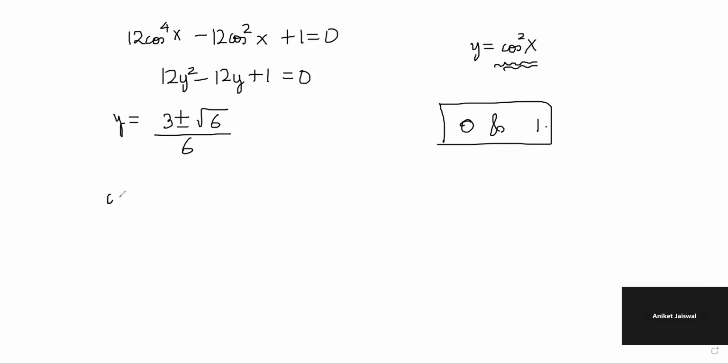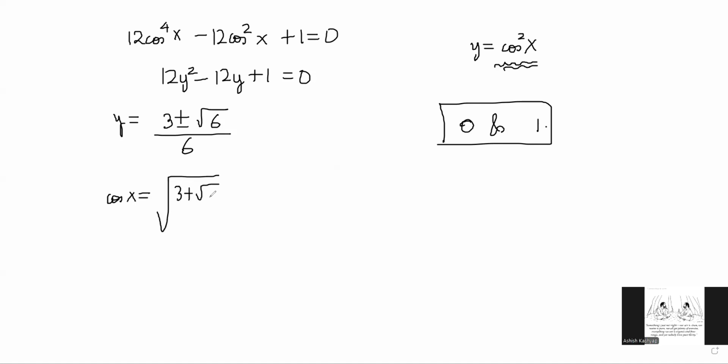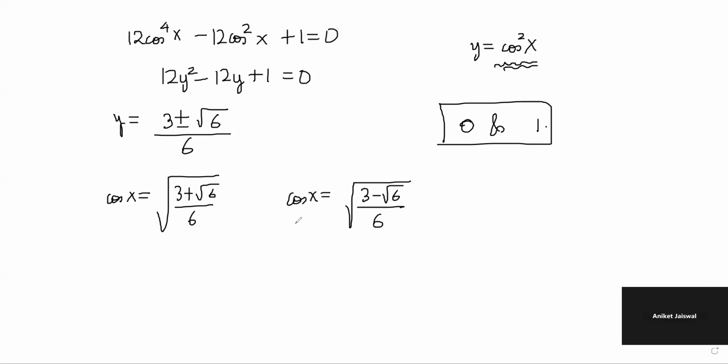So you have two options. Cos x is root over (3 plus root 6) by 6, or cos x is root over (3 minus root 6) by 6, right? Yes, sir. I mean, you can do plus minus. One second.